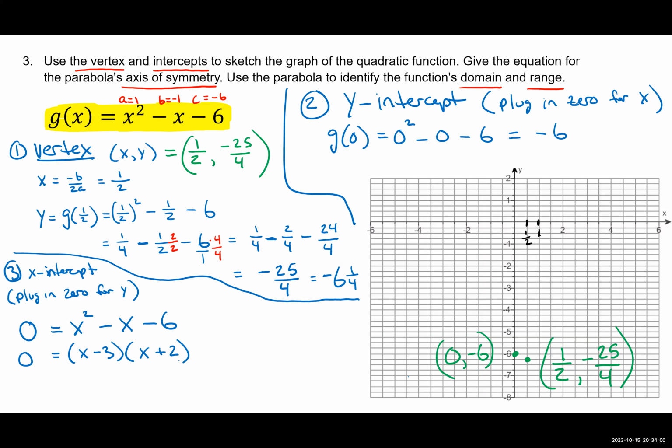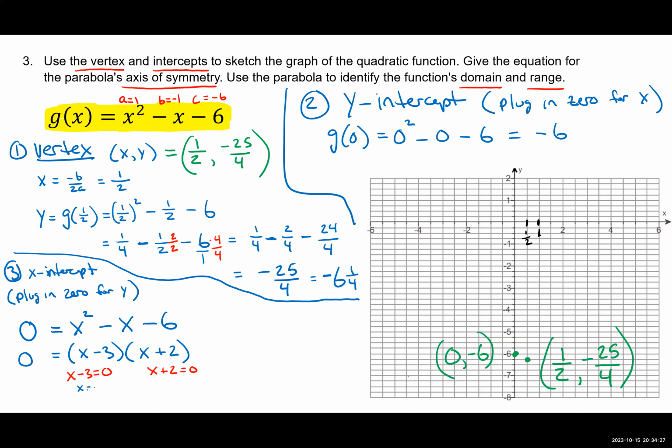So we're doing a little bit of factoring here. And now the zero factor theorem says, if these two things multiply together to give you 0, either x minus 3 is equal to 0, or x plus 2 has to be equal to 0. One or the other. So we have to consider both.